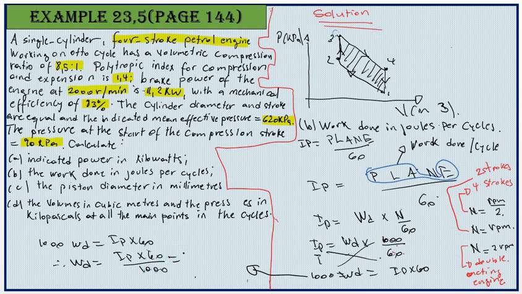I've already determined IP, which is 13.5. So I need to multiply this by 60 and then divide by 1000.